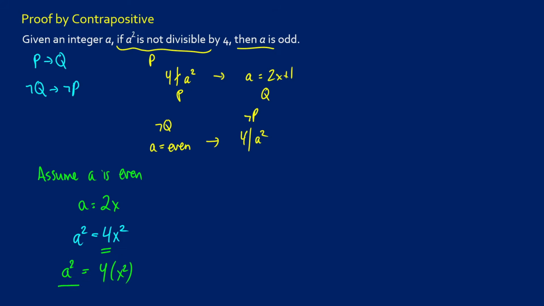But with this definition, because a squared is equal to 4 times m for some integer m, we know that 4 divides a squared. So this tells us that 4 divides a squared, so the proof is complete. We just did a proof by the contrapositive, which was much easier. So if a is even, then a squared is divisible by 4. That's a much easier way to approach it.